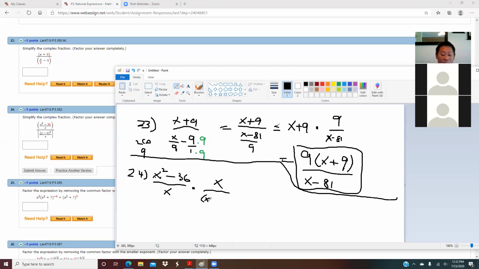Now for question 24, what you need to do next is you have to factor. So x squared minus 36 can be factored. So can someone tell me what is a factor for x squared minus 36? What is a factor for this? This is easy. Yep, x plus 6 and x minus 6, you are good.